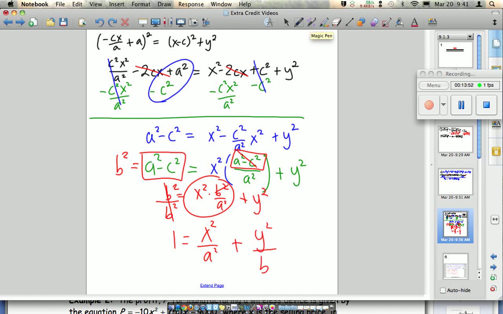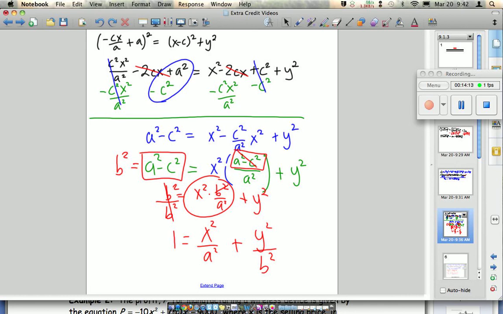This is how they derived the formula for the ellipse. Okay, it all stemmed from the distance formula, but through algebraic manipulations and defining a new constant, b, we were able to create this ellipse.